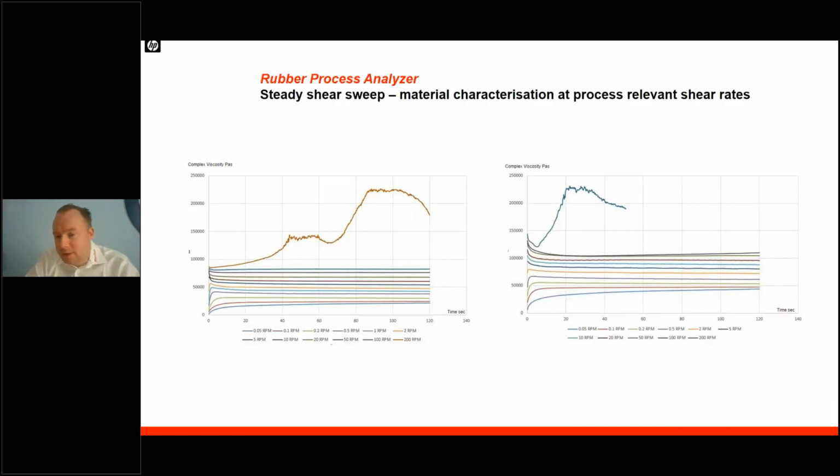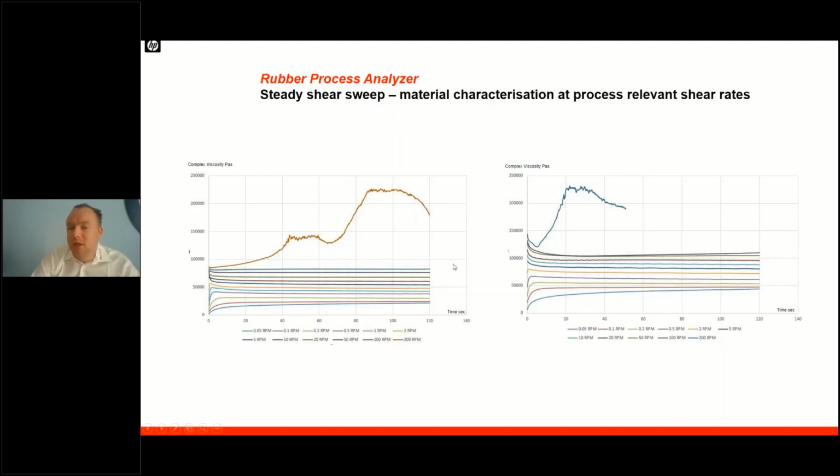Here we see a comparison of high shear testing where we measured two samples which, according to the manufacturer or compounder of the material, should be identical. However, we can clearly see high shear differences.